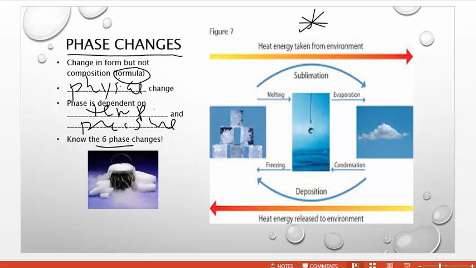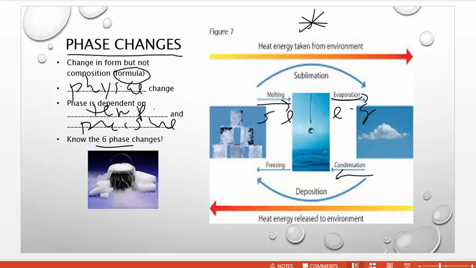Easy, melting is a solid to a liquid. You probably are going to want to write down everything that I'm saying here. Evaporating is going from a liquid to a gas. Going backwards, we're going from a gas to a liquid, like when it rains. That's condensation.